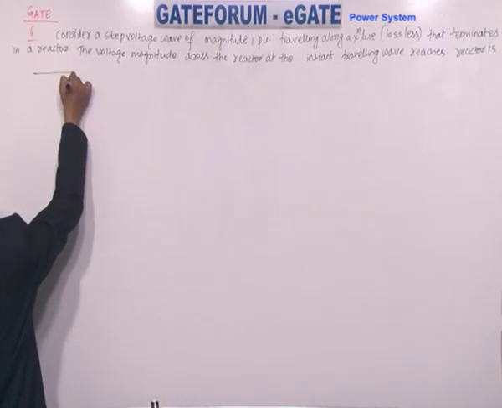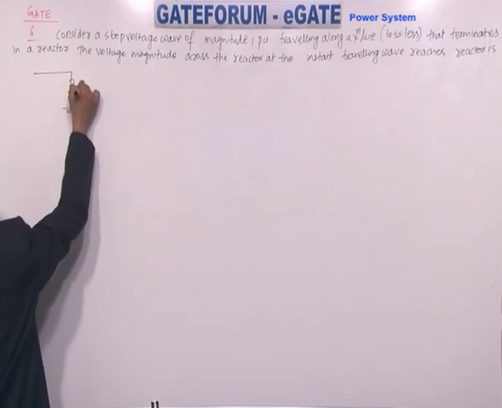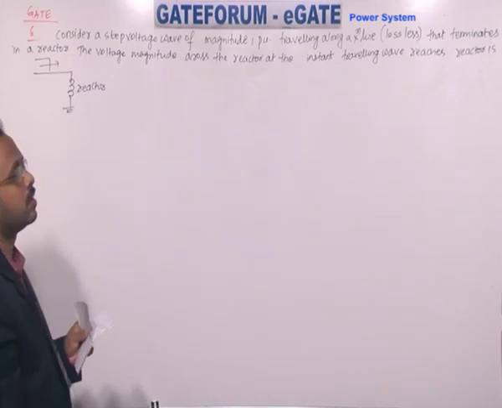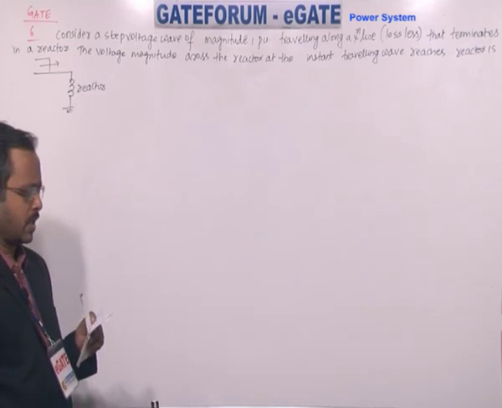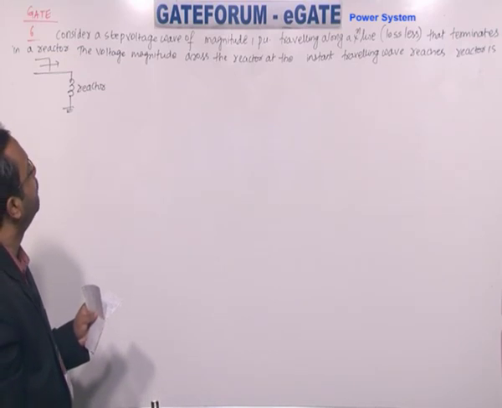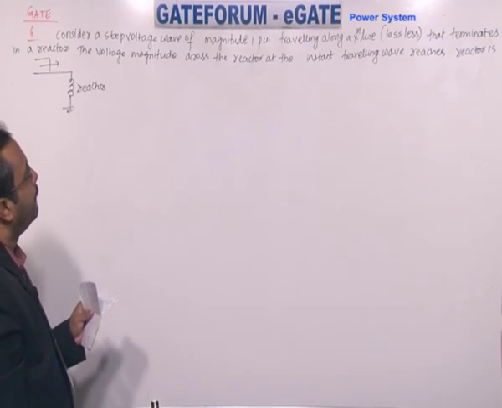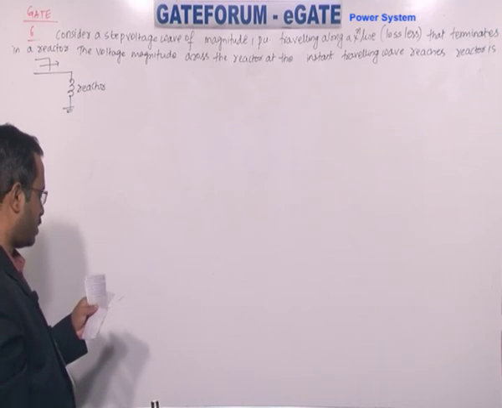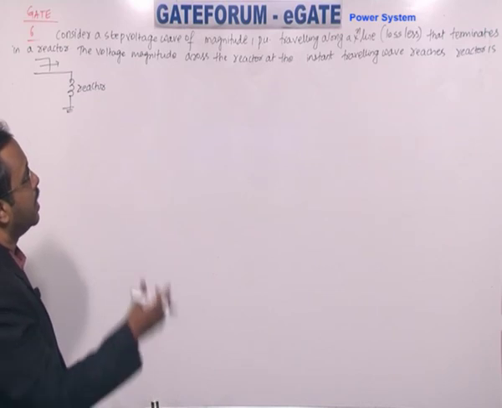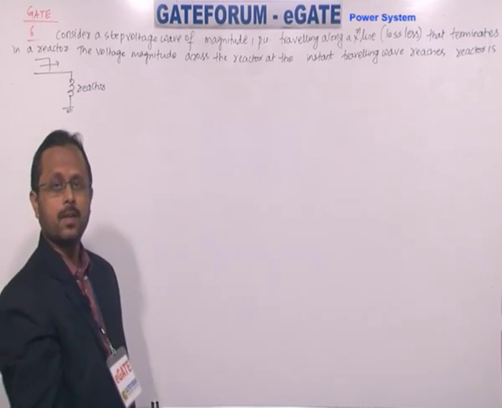So in the figure, even this figure is given. So this is the reactor figure here. Now observe here, you are having a lossless line.